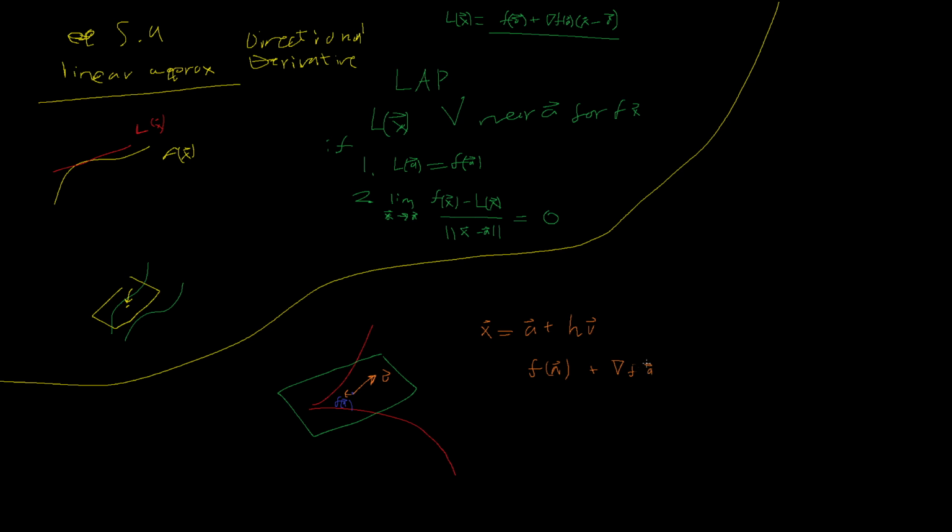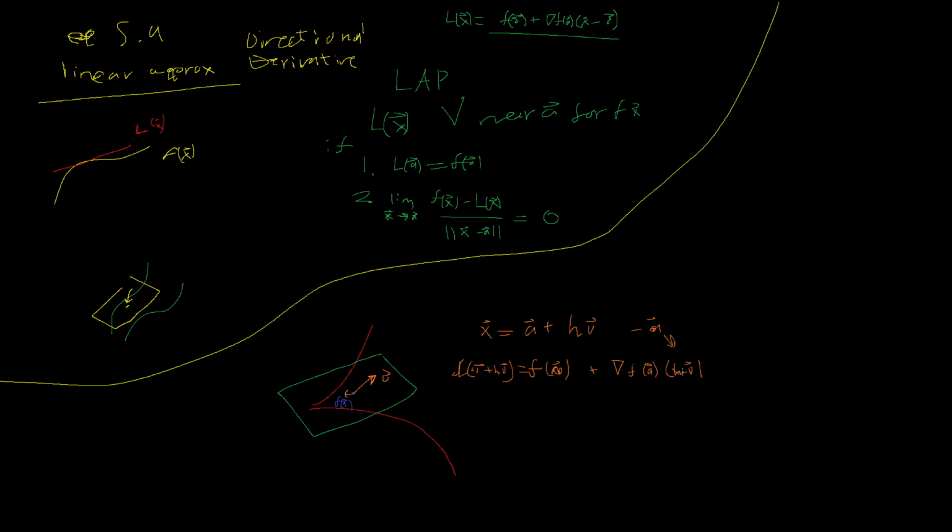f of a, and then we have this approximation at L a plus hu, that's what we're doing, equals f of a plus this times hu, right? Because a plus hu minus a, that's all we get, right? So it comes out.